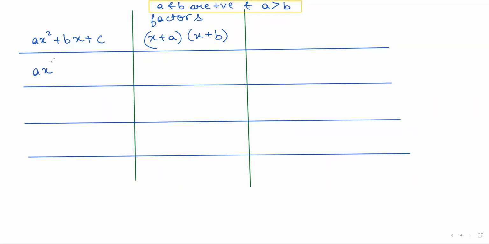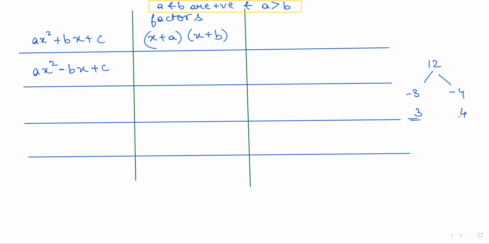If it is ax square minus bx plus c, since the multiplication is positive, both the values are negative or both are positive. That means you can get plus 12 if you multiply minus 3 with minus 4, or if you multiply 3 with 4.